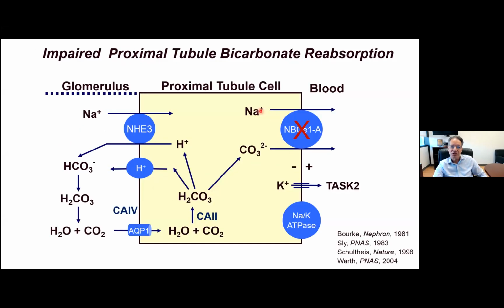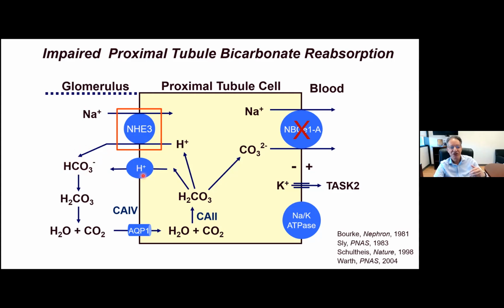So in addition to NBC1A, other abnormalities have been described, not in humans, but in mice. They've knocked out NHE3, and these mice get a mild proximal renal tubular acidosis, which initially was not well understood because NHE3 is felt to be by far the most important process for sending protons into the lumen and absorbing bicarbonate.